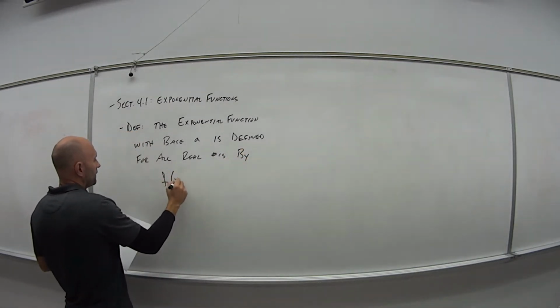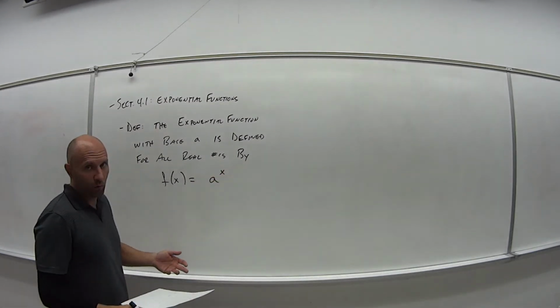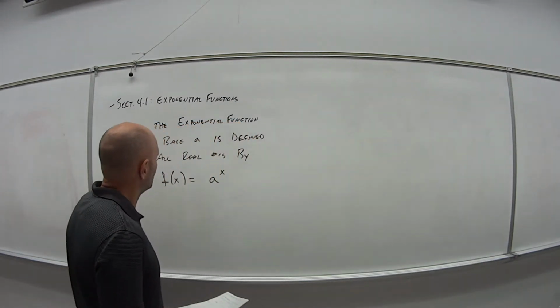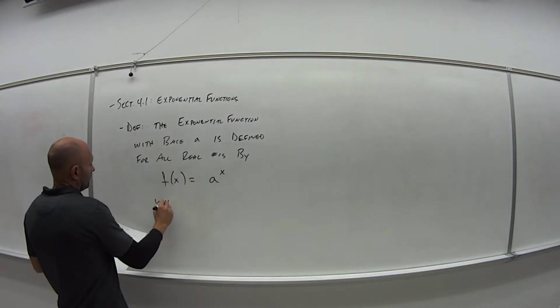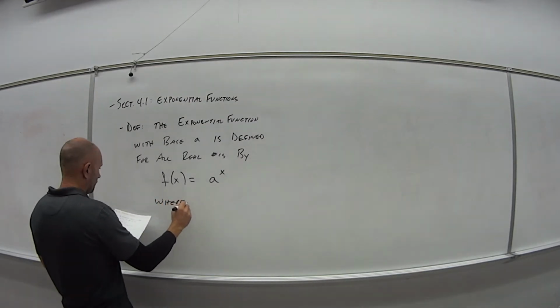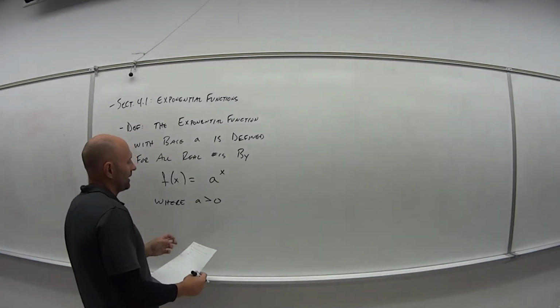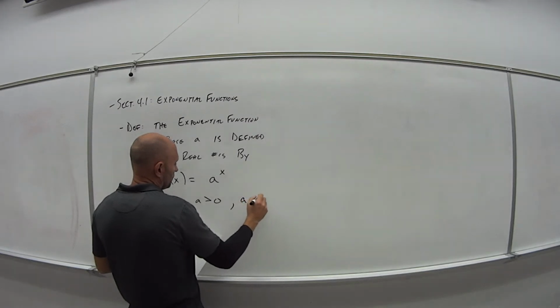We say f of x is equal to a to the x power. Exponential is what? That's our exponent, our power. With two caveats: a has to be positive, it could be a fraction, but it has to be positive, and a is not equal to 1.